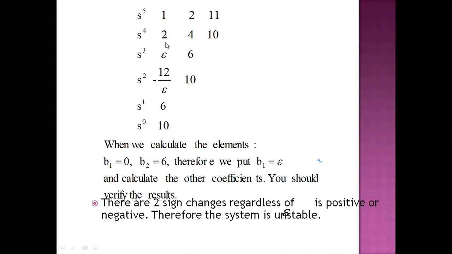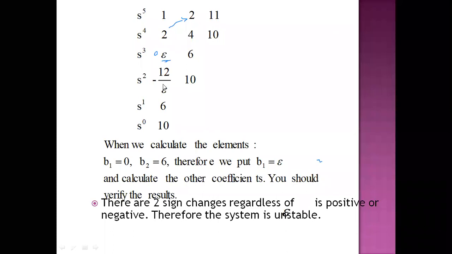While filling the third row, you can see this element, 2 into 2 minus 1 into 4, is 0 divided by something, so you will get 0. So what I do is assign a small number epsilon in the third row, first column, and proceed.